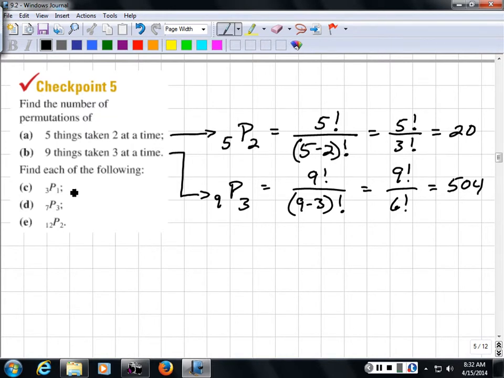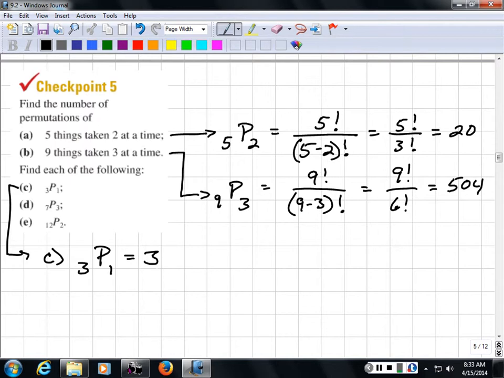So this one right here, part C, where it says 3P1, there is only one way to choose 1 item from 3. Anytime you have something that says a number P1, it's always going to be that number.